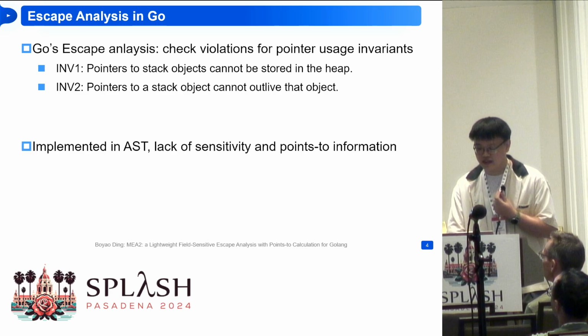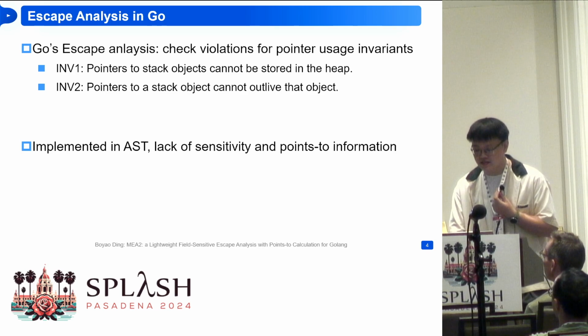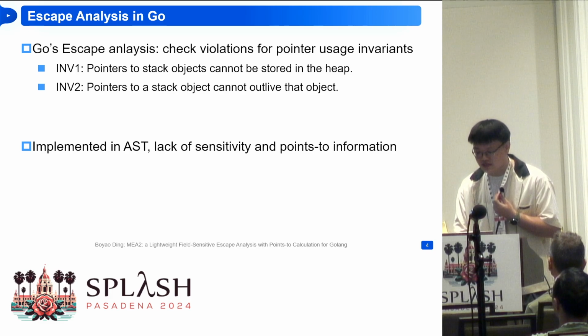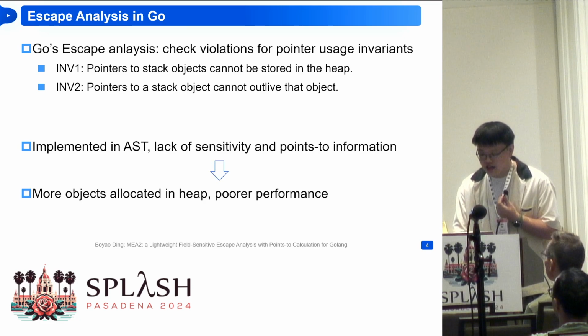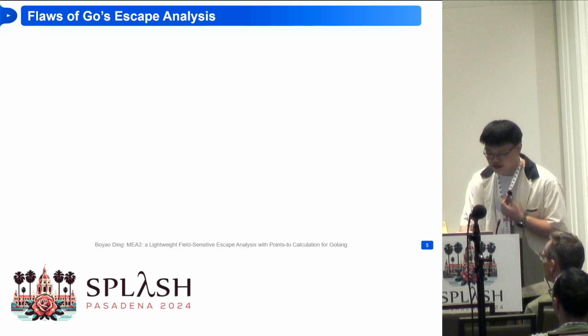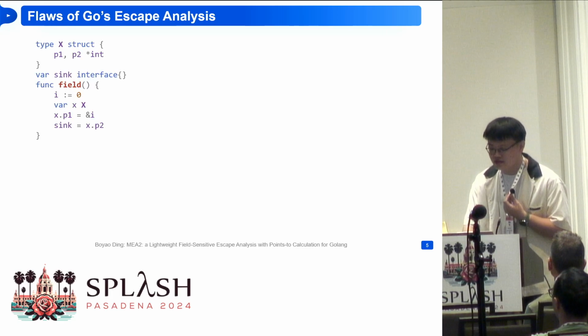However, Go's escape analysis is implemented on the AST and lacks various sensitivities and points-to information. This results in a more conservative algorithm with lower precision, leading to more objects being allocated on the heap and resulting in poor performance. First, Go's escape analysis is field-insensitive.